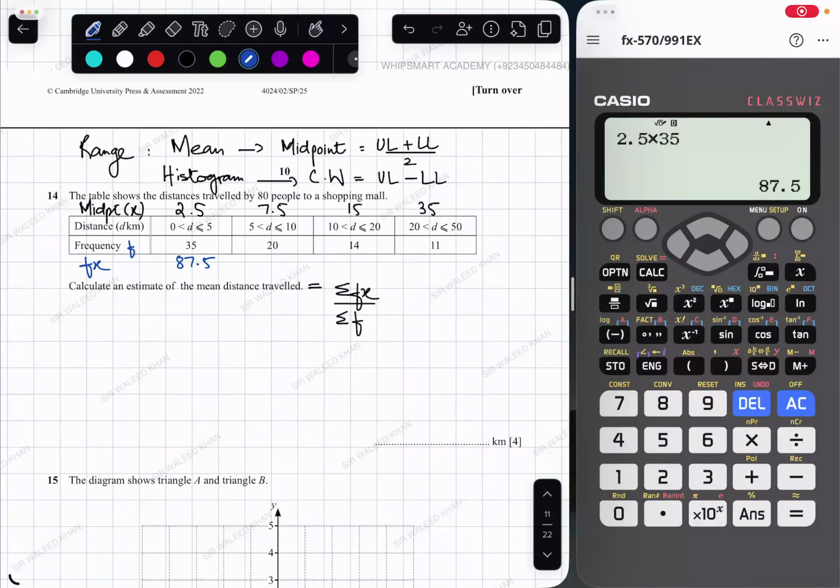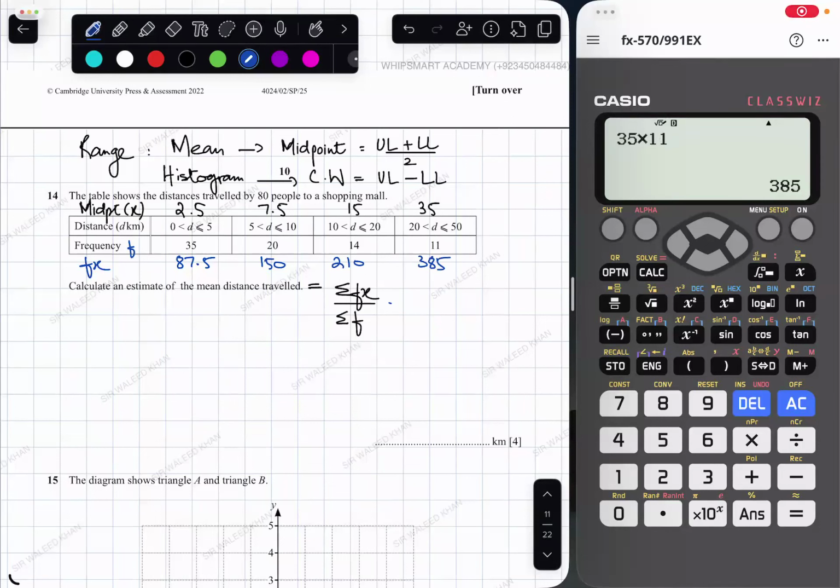Then 20 times 7.5, that's 150. 15 times 14, it's 210. Yes. And 35 times 11, we have 385.